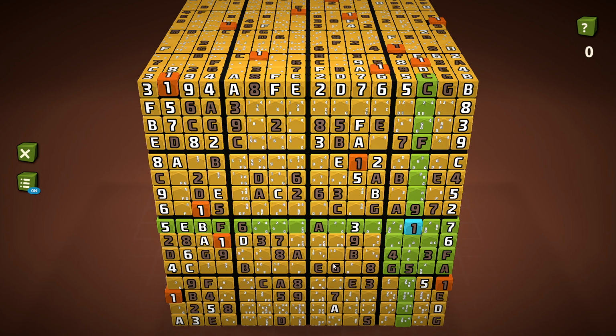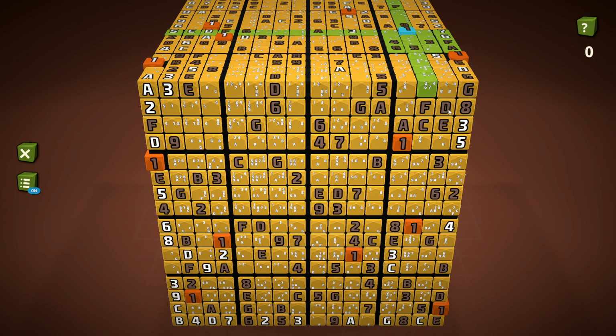Anything else jumping out at you on this side? No. Let's bump down one, and see if maybe we can figure out more about that top row from here. There's a lot of open spaces. Yep. So let's see if we can whittle that down a bit.